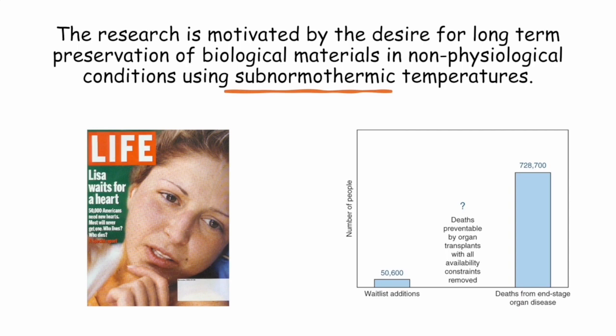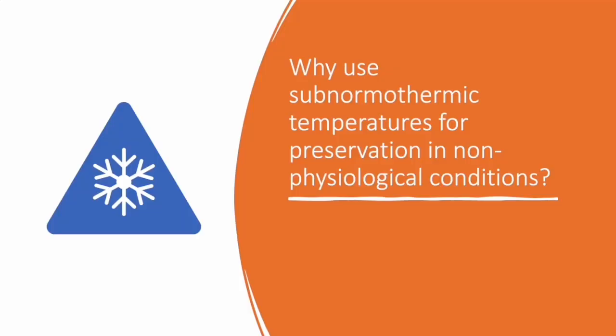As you can see here in this presentation, there's a huge difference between the number of people waiting for organ transplant and the number of people who get organ transplants. And those that do not get organ transplant die. There are several techniques for organ preservation, but the technology that I will discuss is using subnormal thermic temperatures, meaning not the normal temperatures of life, but rather temperatures below the normal temperature of life.